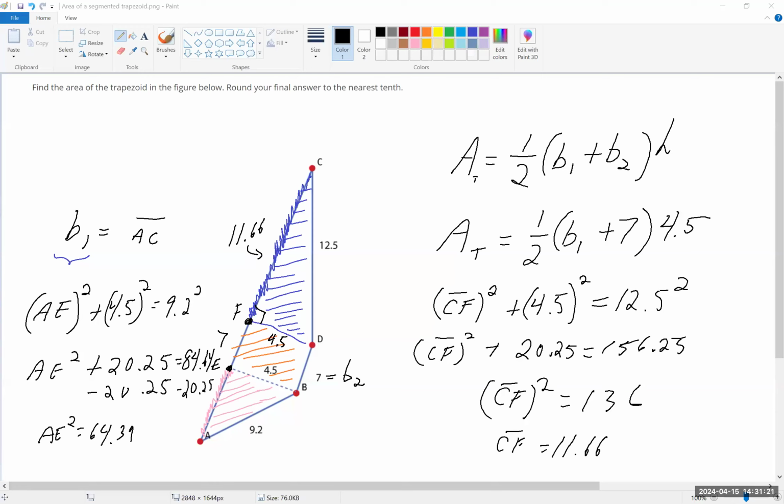And then I'm going to take the square root of that, which is 8.02. Okay, so now I've got 8.02, and it's getting a little messy. So it might be worth putting some boxes around things. We need this 8.02, 11.66, and then there was a 7 there.